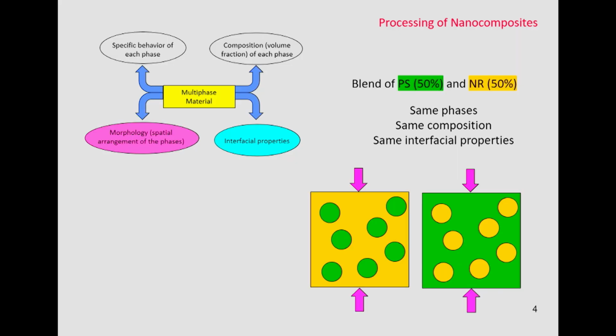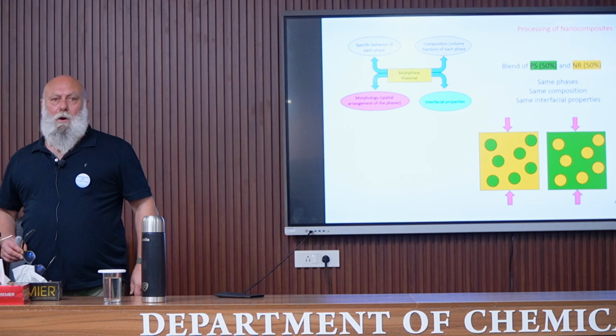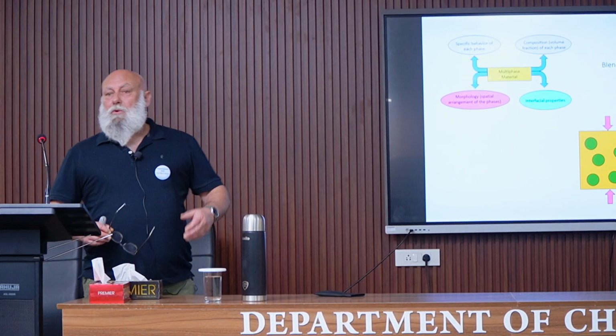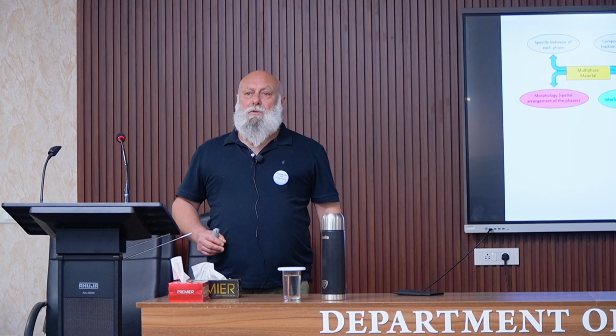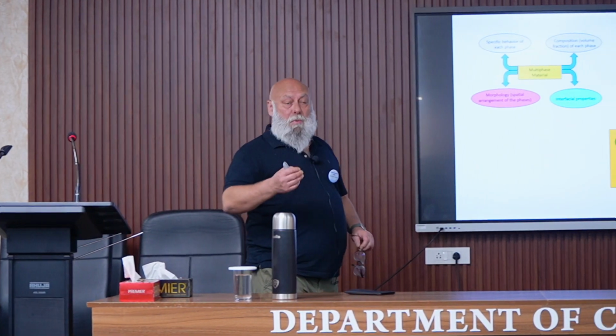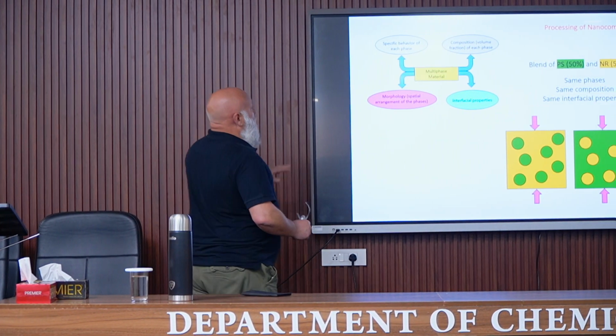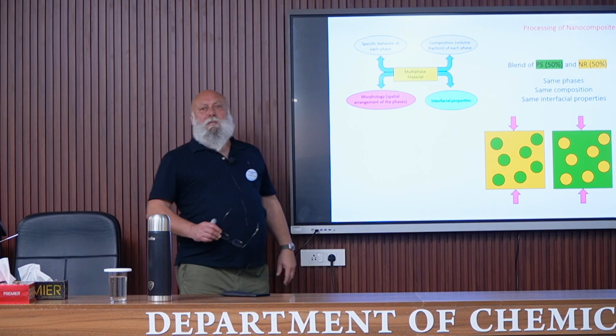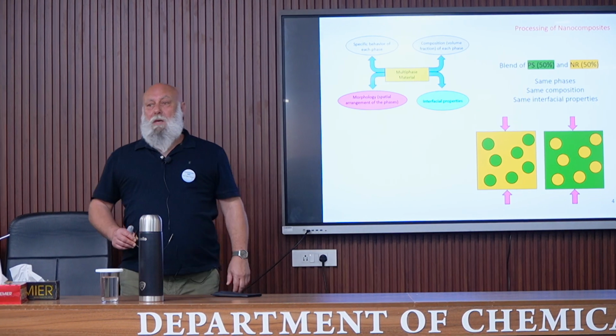First, before that, it's important to note that when considering a two-phase or multi-phase material, so it can be a composite, it can also be a polymer blend, there are four important parameters that will impact the properties of the composite. The first one is, of course, the specific behavior of each phase.